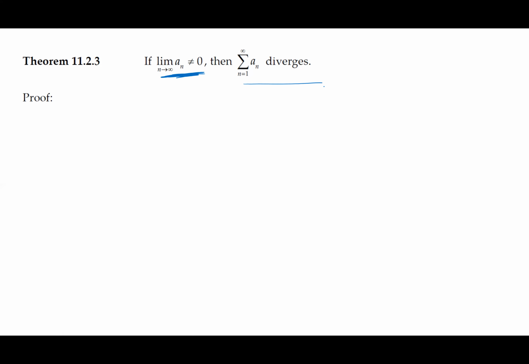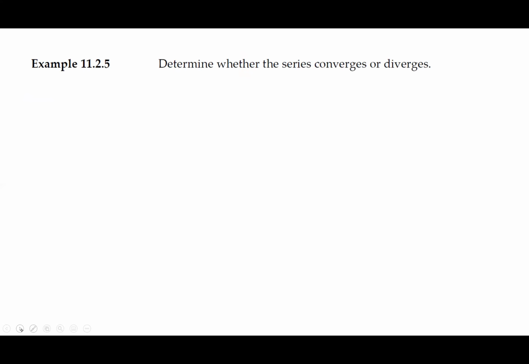All right, so let's put this into practice. Determine whether the series converges or diverges. So the first one, we're going to look at the sum from n equals 1 to infinity of n over 4n plus 1. Well, the limit as n goes to infinity of n over 4n plus 1 equals 1/4, which I really don't care about.